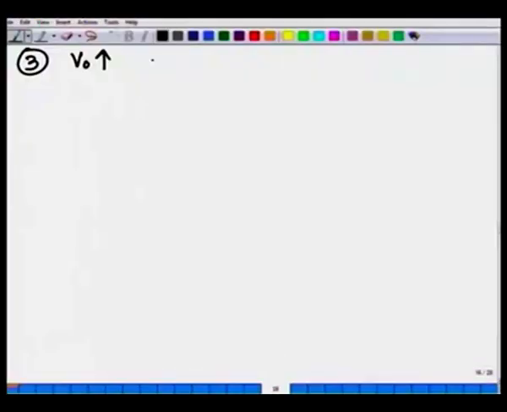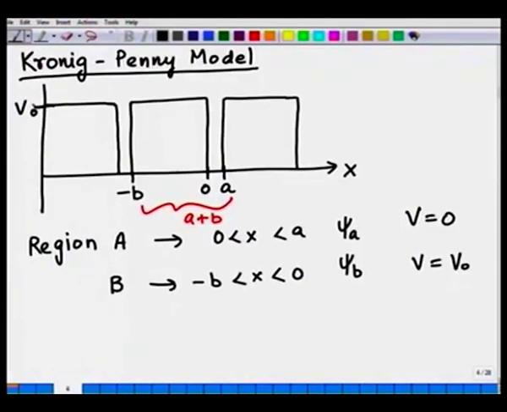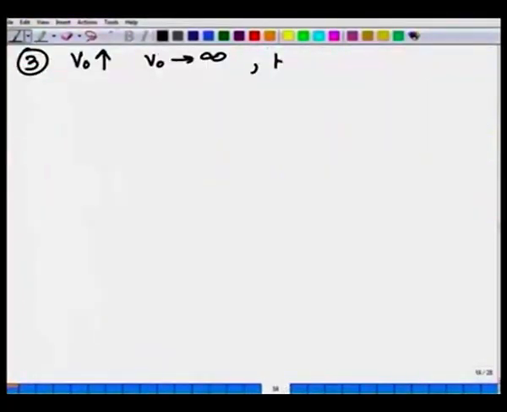In order to have a finite strength, simultaneously we ask that this V0, which I am plotting here, goes to infinity, and that this width b also is very thin, almost tending to 0. Then only this can be analyzed, so simultaneously we ask that b goes to 0.